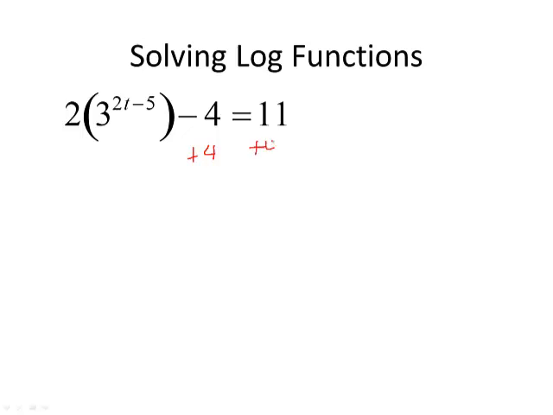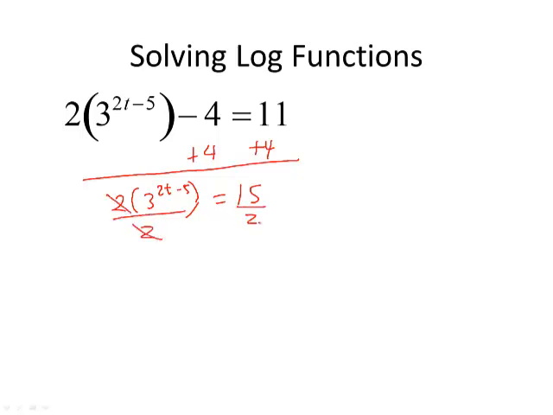At 4, we get a 15. Now, divide by 2. At any point where you think, oh, I can finish this, then you need to pause it, okay? Now, I'm going to take the natural log so I can get this to the front, okay? Natural log.